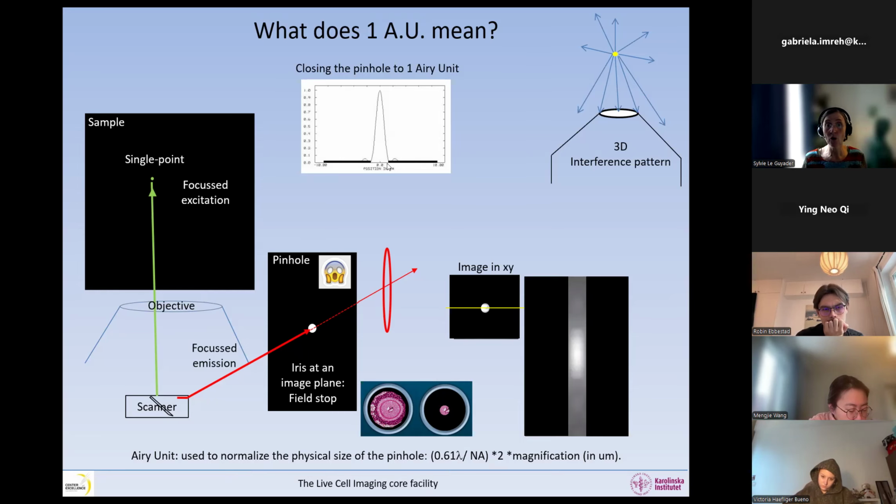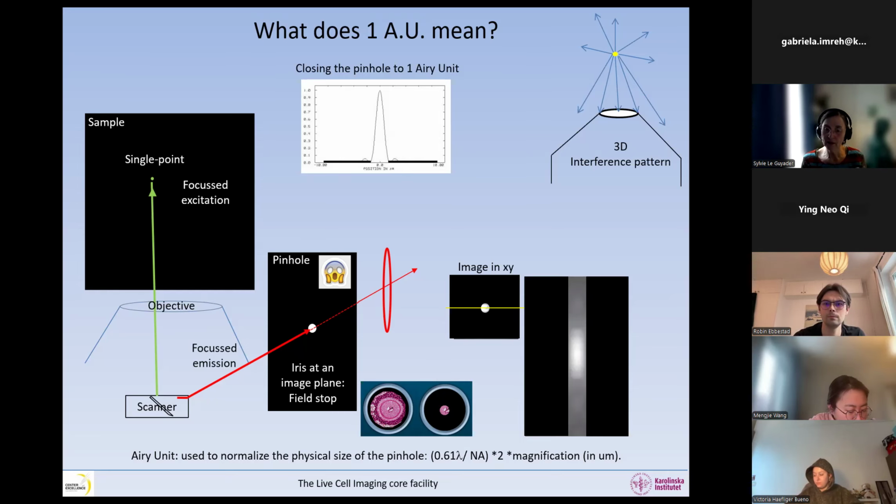Now we want the whole diameter of the blob, so multiplied by 2, and multiplied by the magnification of the objective, plus an extra lens if you have one. And so the whole thing is in microns. So sometimes when you look at your confocal and you see the 1 Airy unit, you can change this up and down.